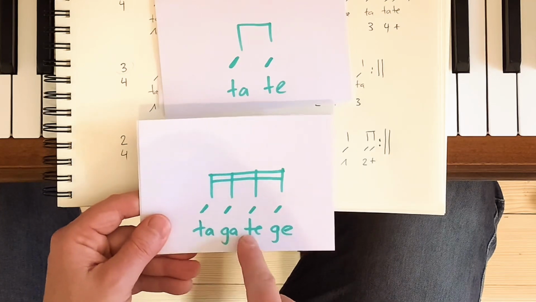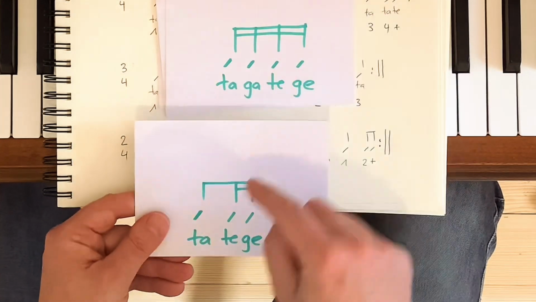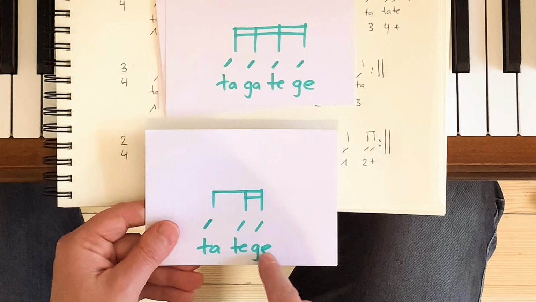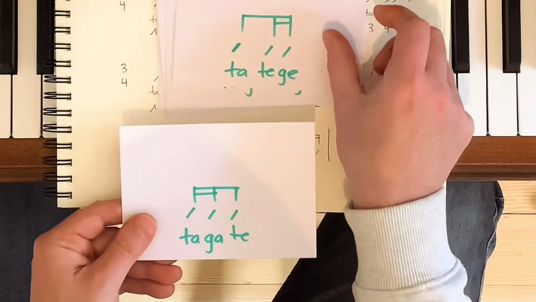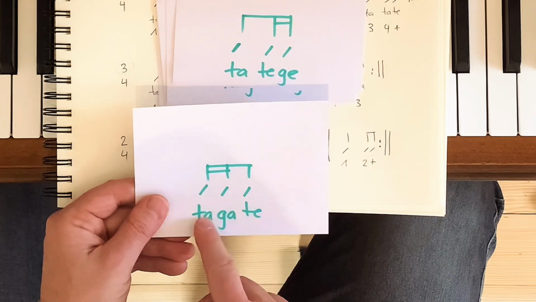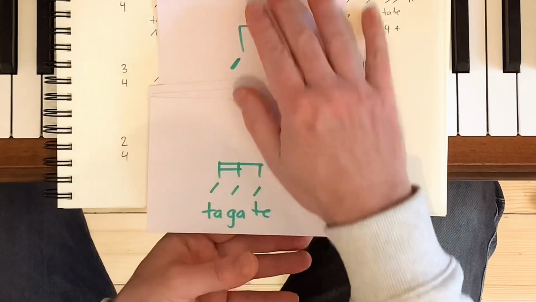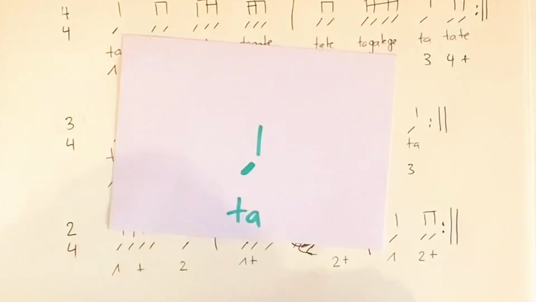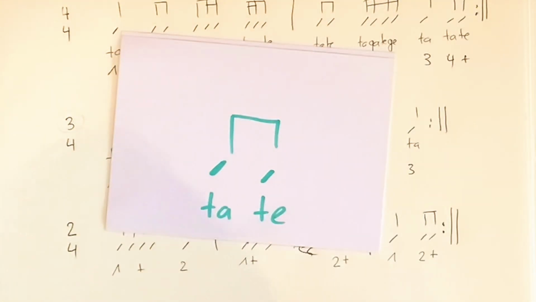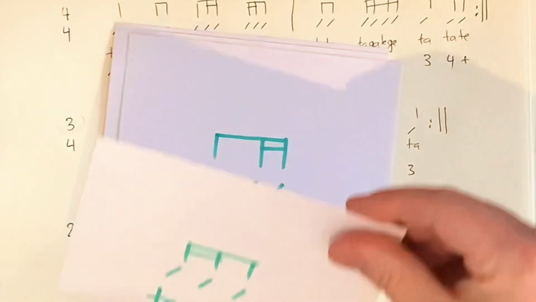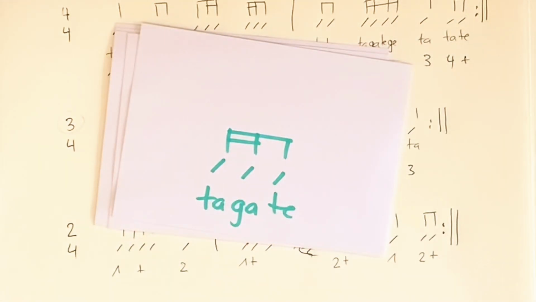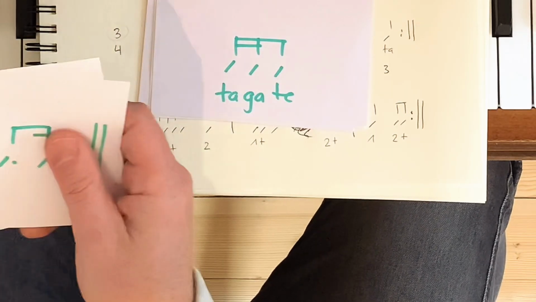We have tagatege. We divide only the te into 2 16th notes. We have ta-tege, ta-tege. Or the other way around, we have tagate, tagate. So, ta, ta-te, tagatege, ta-tege, tagate.